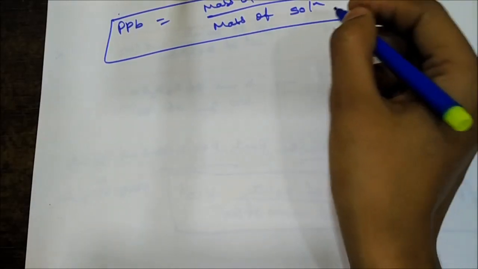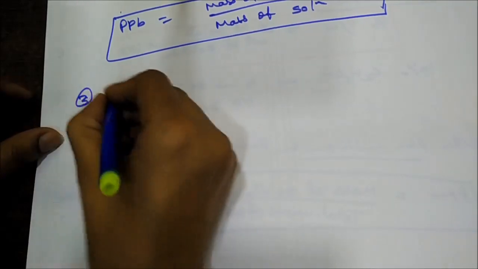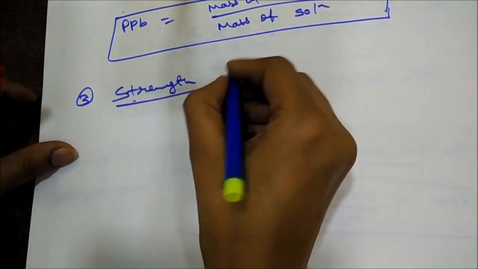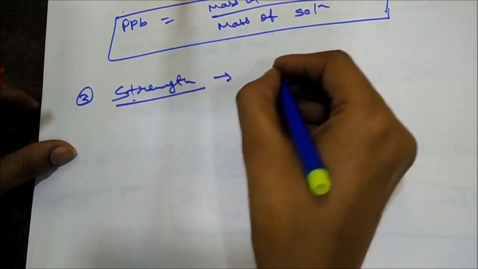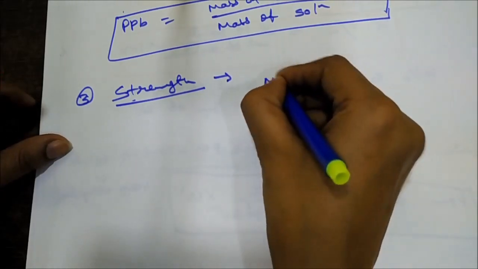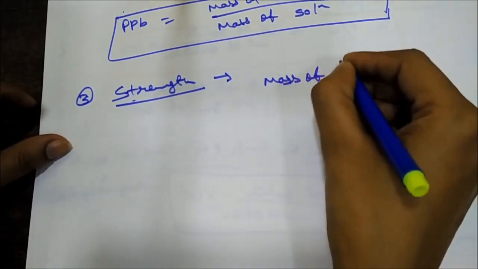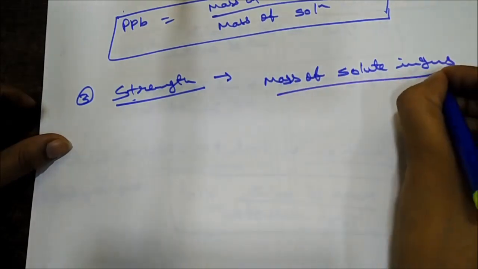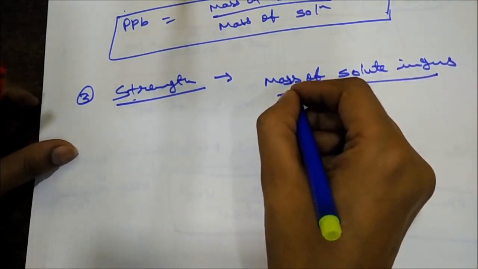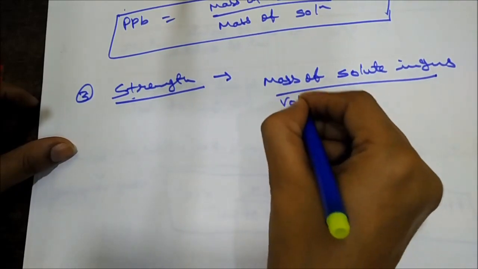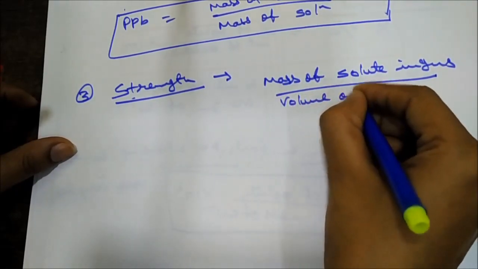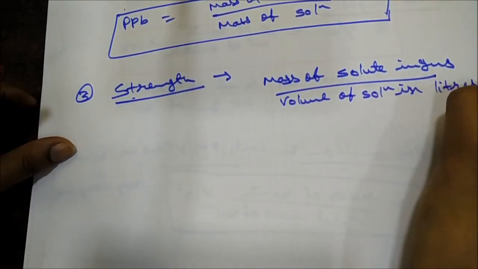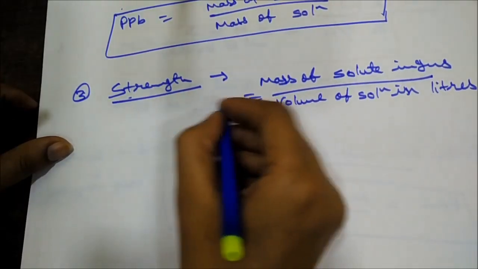The next one is strength. Third is concentration expressed in terms of strength. Strength means the mass of solute in grams present in 1 liter of the solution, that is volume of solution in liters, is called its strength.